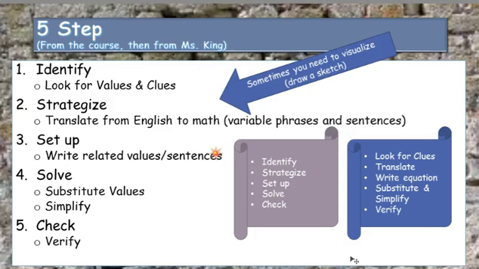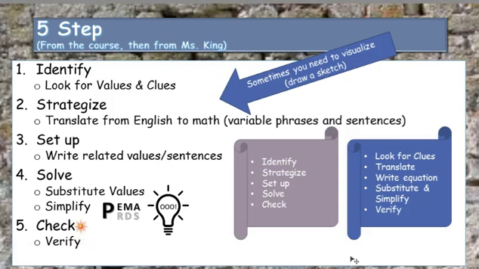Then we solve. And solve includes substituting values, simplifying, and also I should have put operations on here. It should be operations as well. Doing operations. Well, I guess that's simplifying. Simplifying is doing the operations, order of operations. Anyway, then we check.